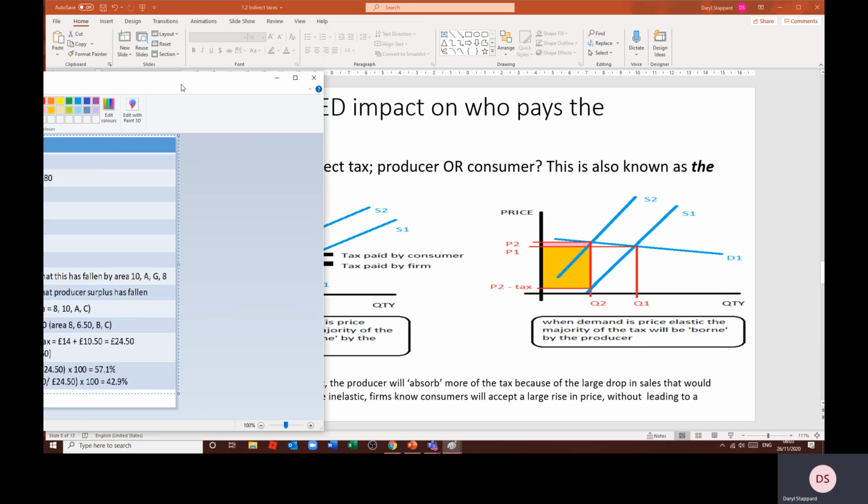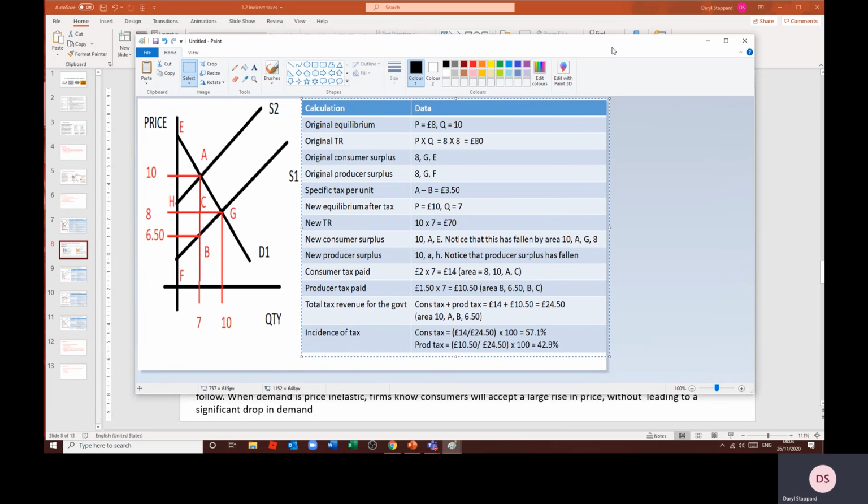Right, now what we've got here is something which appears a bit more complicated, because I can use this diagram to show all sorts of weird and wonderful different things. Now again, let's do the same thing from before. Again, the vertical distance between the supply curves will show us the tax per unit.